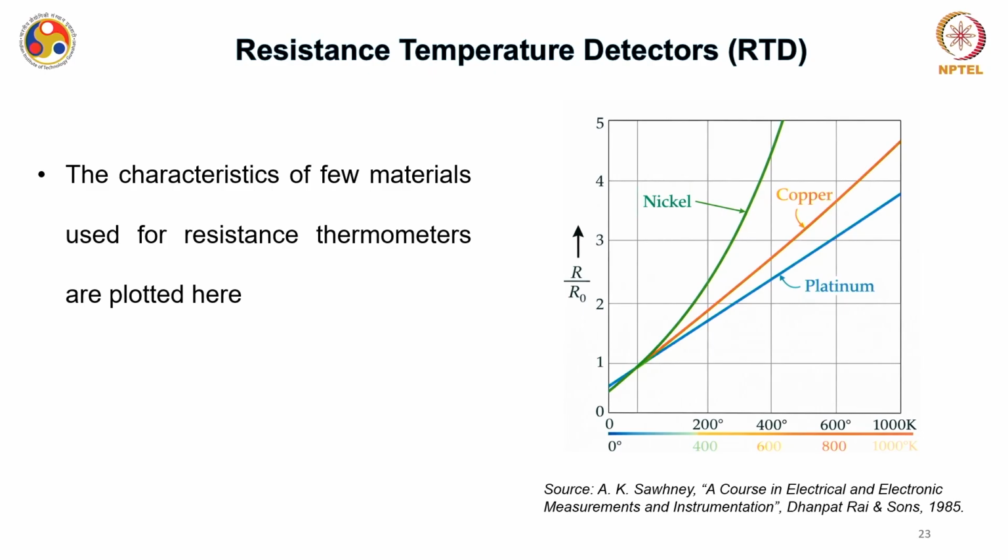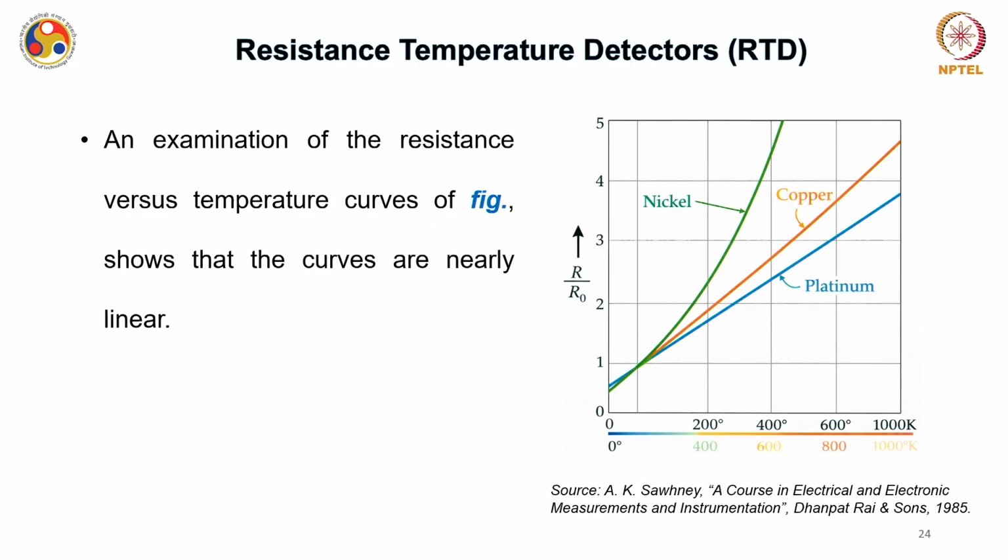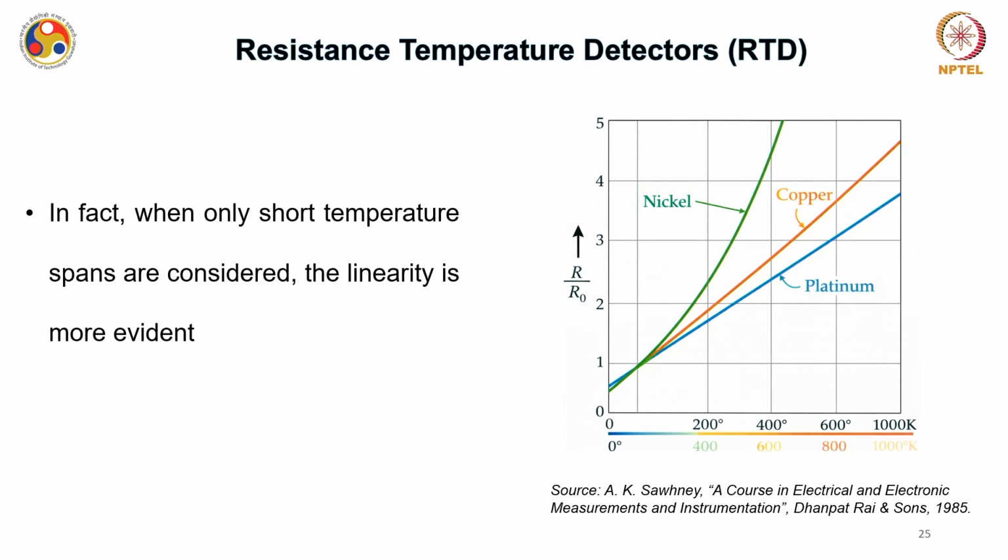You can see some of the characteristics of resistance thermometers based on nickel, copper and platinum as shown over here over a large temperature range. An examination of these resistance versus temperature curves shows that the curves are nearly linear, and if not completely linear, then in certain temperature ranges they are linear.